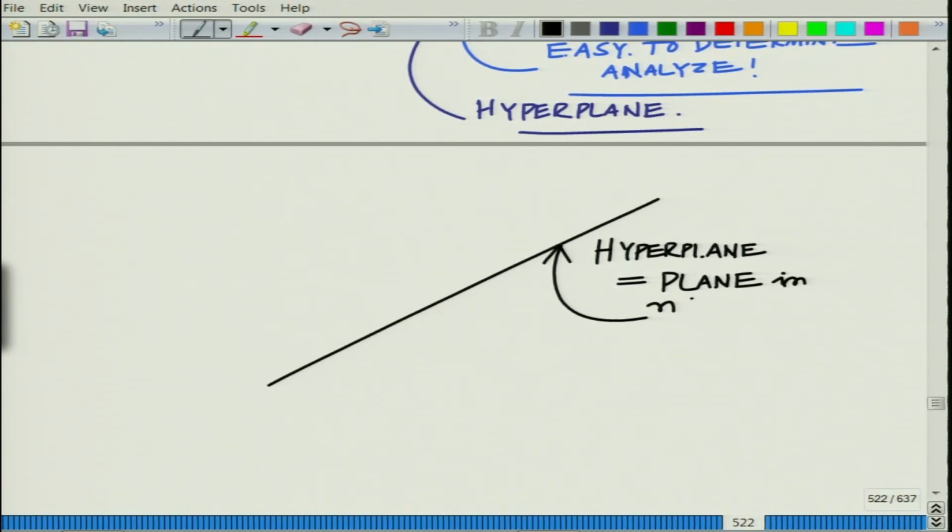A hyperplane is actually a plane in n dimensions. That is, if I look in n dimensional space and ask what is the generalization of the notion of a plane to n dimensional space, that is a hyperplane.